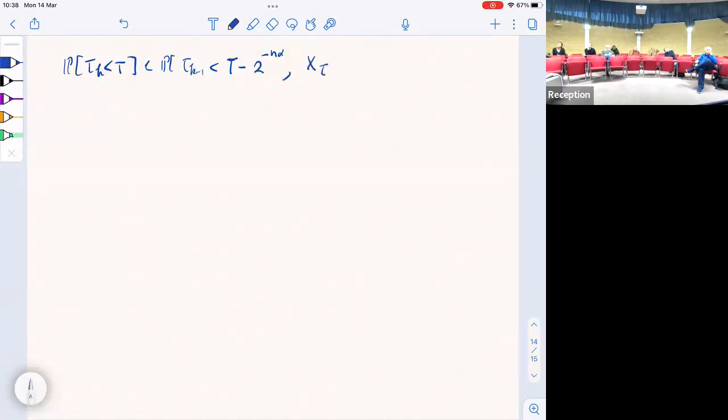And we know that by the cadlag property of the process, the hitting time, the k minus 1 hitting time, must be included in the set I. And also X_t hits I during the time interval tau k minus 1 plus 2 to the negative n alpha, t.